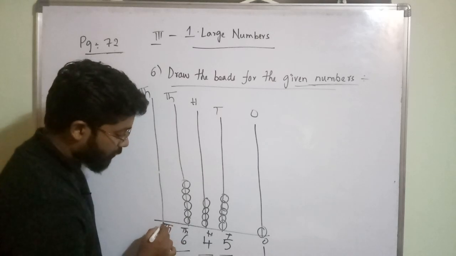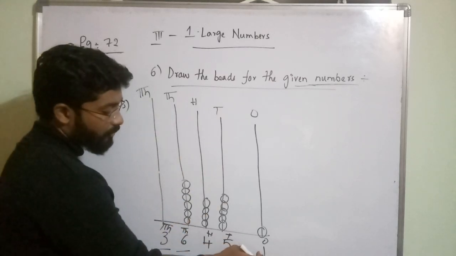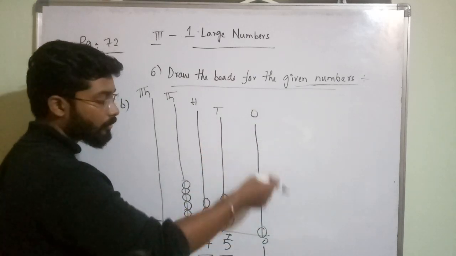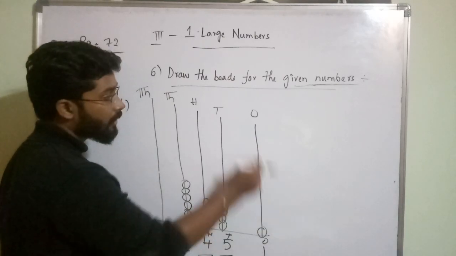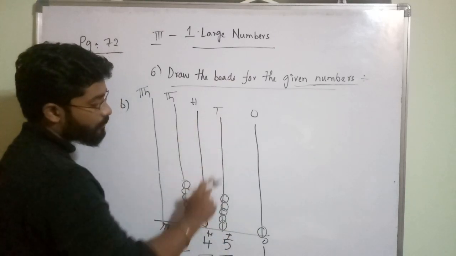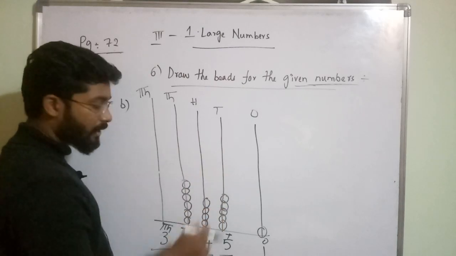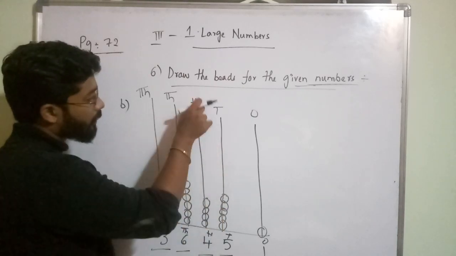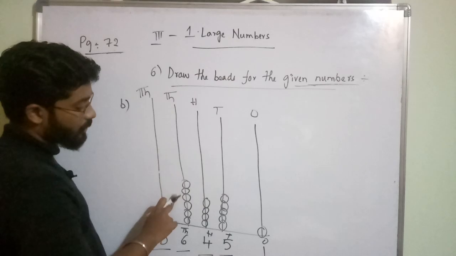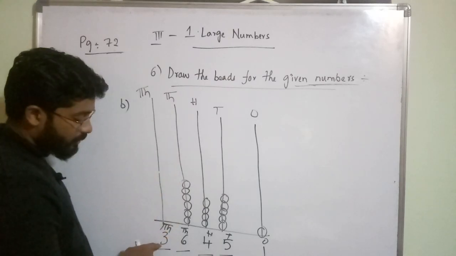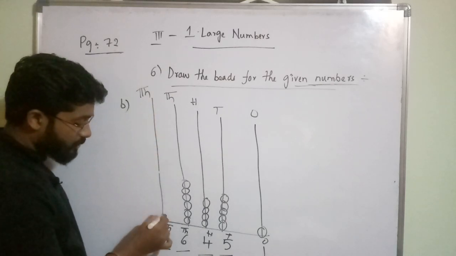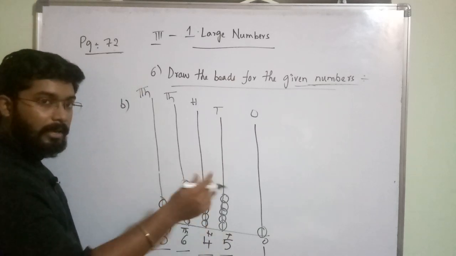In the abacus also, however many the number is, that many beads you have to draw in the respective rod. 1 is in ones place, so in the ones rod draw 1 bead. 5 is in tens place, so in the tens rod draw 5 beads. 4 is in hundreds place, so draw 4 beads. 6 is in thousands place, so draw 6 beads. 3 is in 10,000s place, so draw 3 beads.